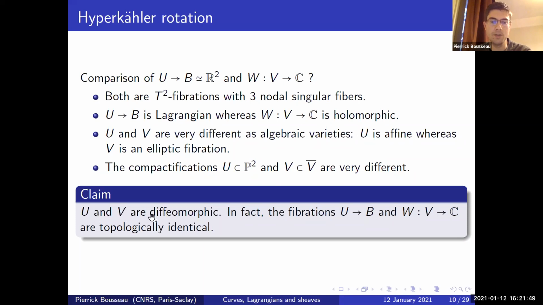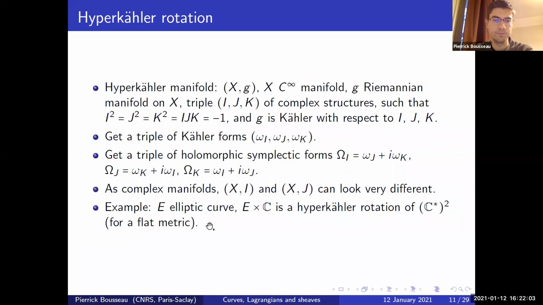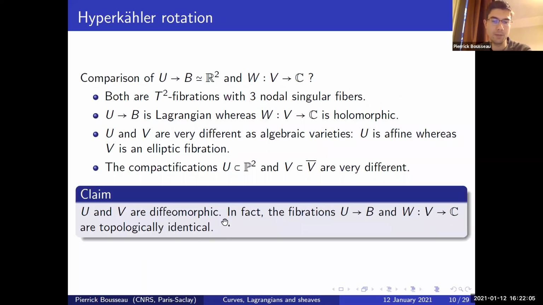The claim is that U and V are diffeomorphic. And in fact, these two torus fibrations, U over B and W from V to C, are topologically isomorphic. So this is maybe slightly surprising, but it's relatively easy to check when you think about checking it.